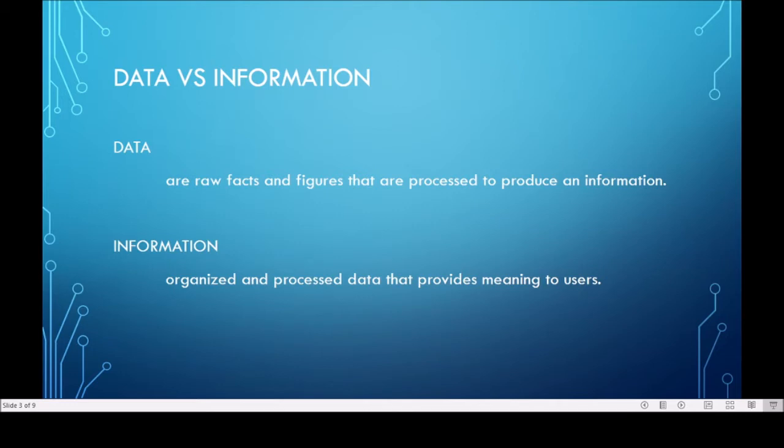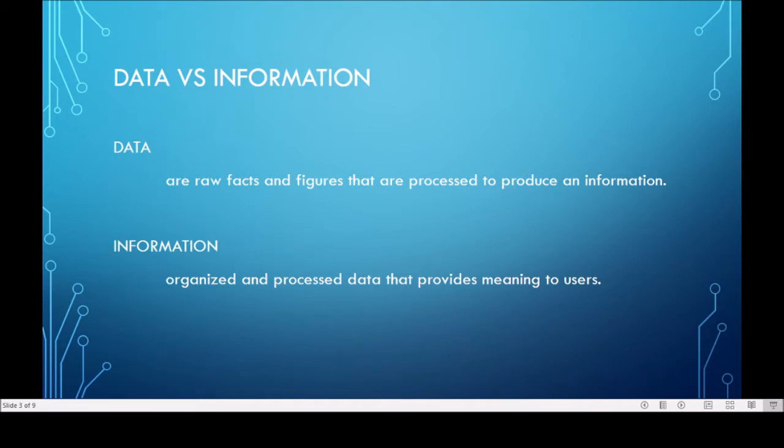Data are raw facts and figures that are processed to produce information, meaning these are raw facts, like first-hand information subject for processing. That is data. While information, okay, is organized and processed data that provides meaning to users.